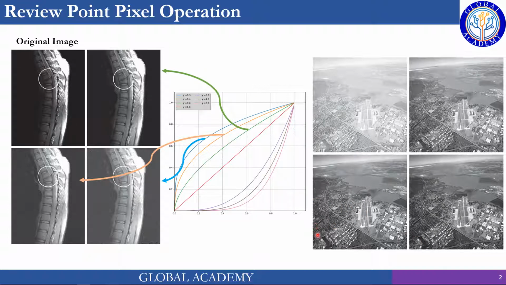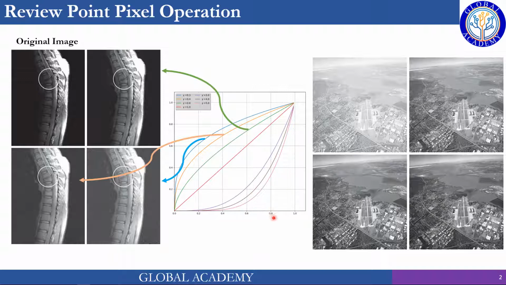So the last 20% of the brighter shades, like this range, because 255 or 1 represents the white color, are mapped on more than 80%, like on this range, because this point connects this point on y-axis.